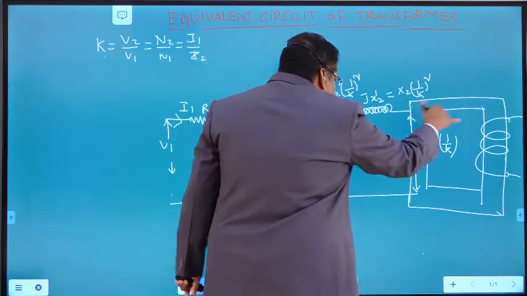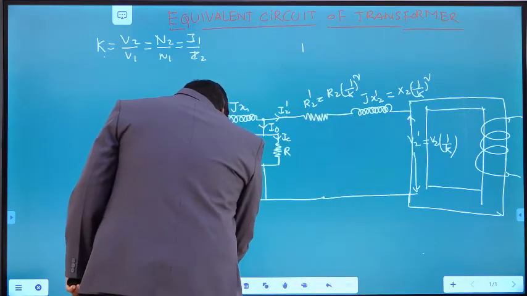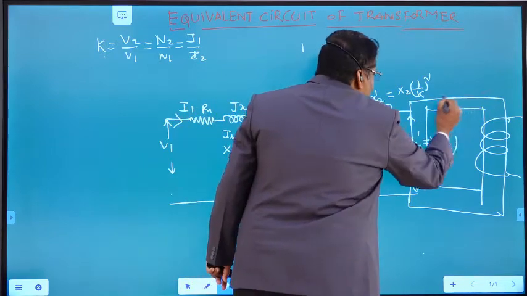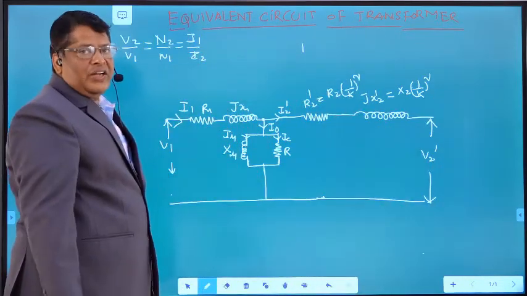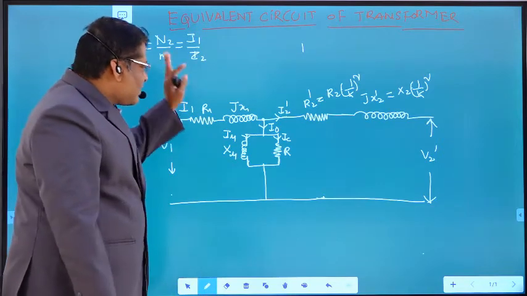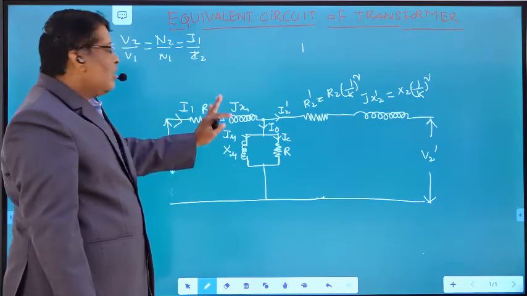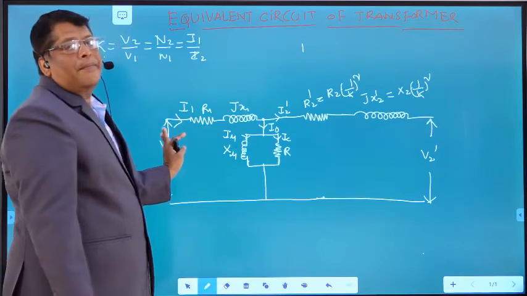Now we are removing this part. If we remove this, this is the exact equivalent circuit of a transformer with reference to the primary.